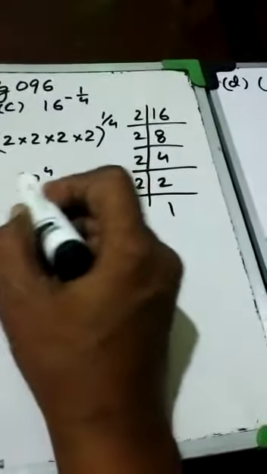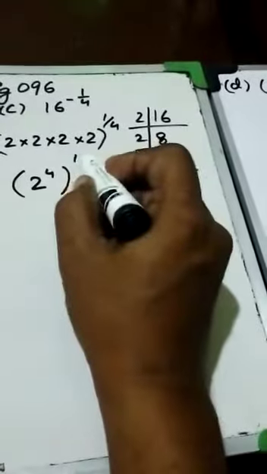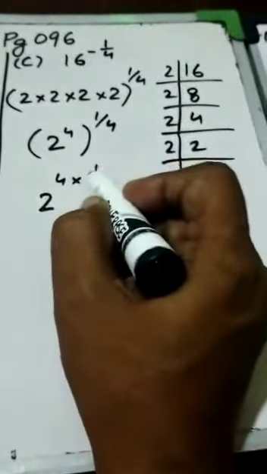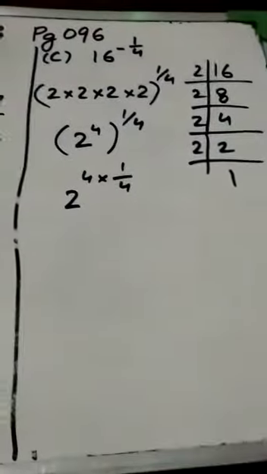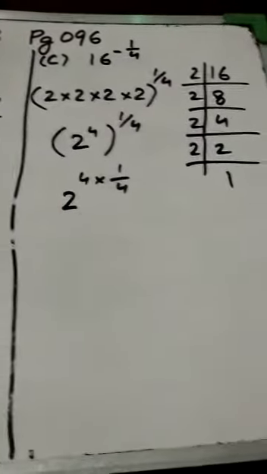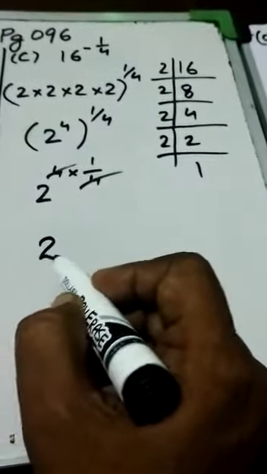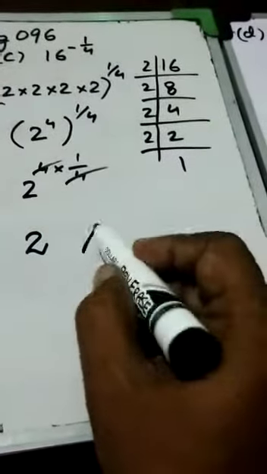So it is 2 into 2 into 2 into 2, and the power is 1 upon 4. Now 2 to the power 4 and 1 upon 4. We will open the bracket in this way. This 4 and 4 will be cancelled out, and 2 will be your answer.